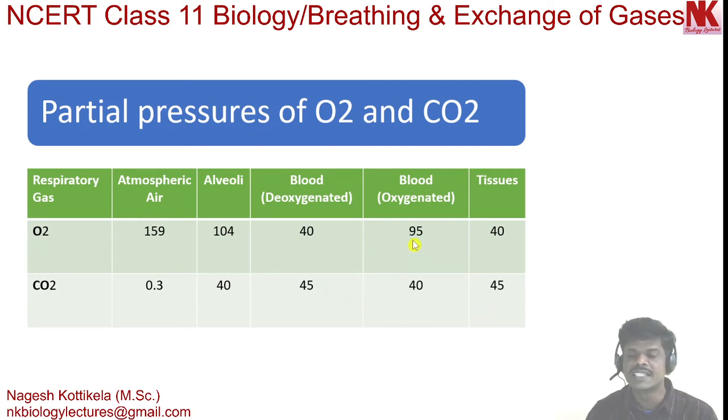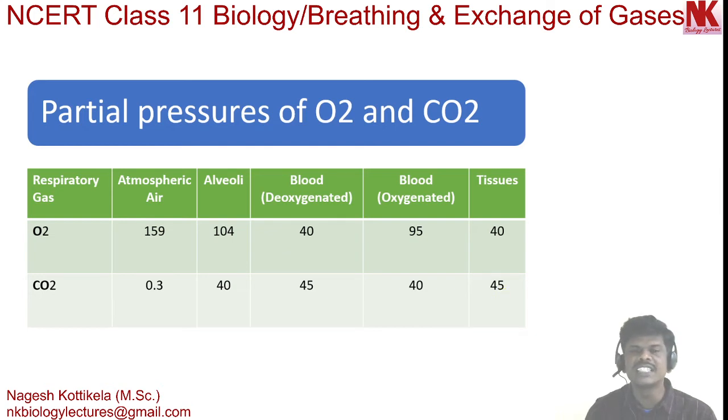Moving to the next, in oxygenated blood, partial pressure of oxygen is 95 mm of Hg, and partial pressure of carbon dioxide is 40 mm of Hg. And in the tissues, the partial pressure of oxygen is 40 mm of Hg, and the partial pressure of carbon dioxide is 45 mm of Hg.